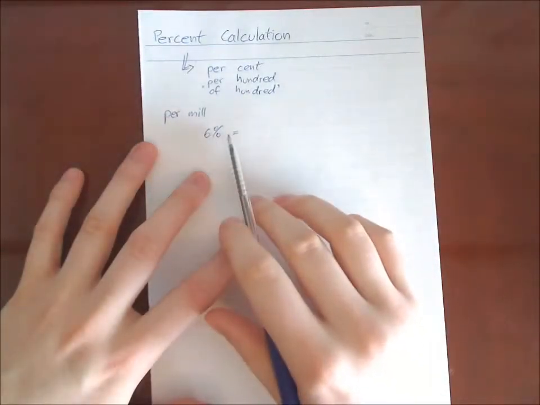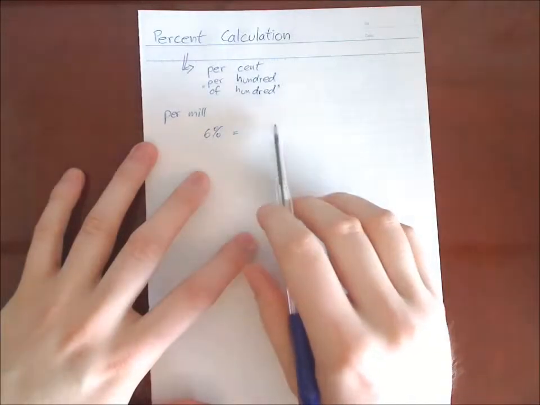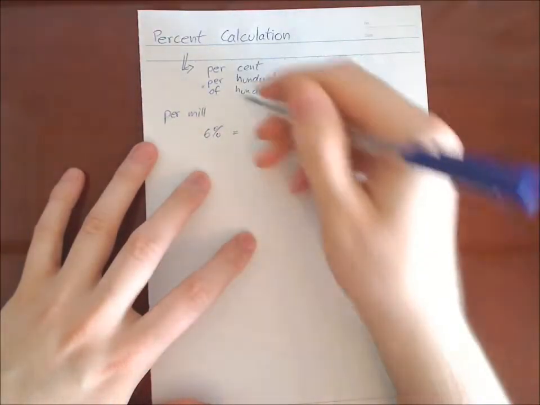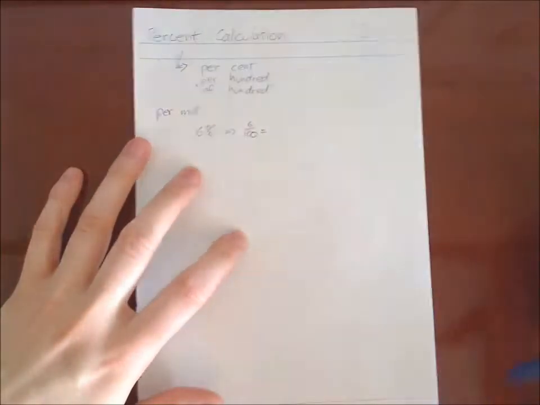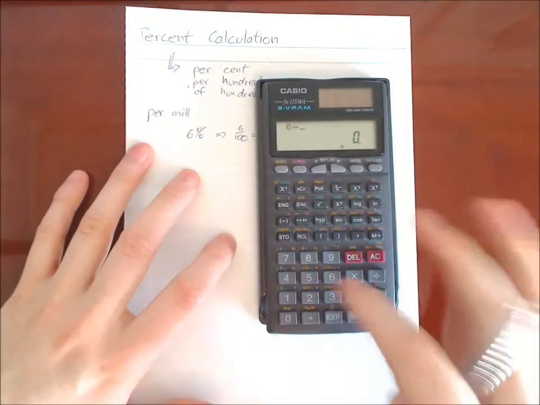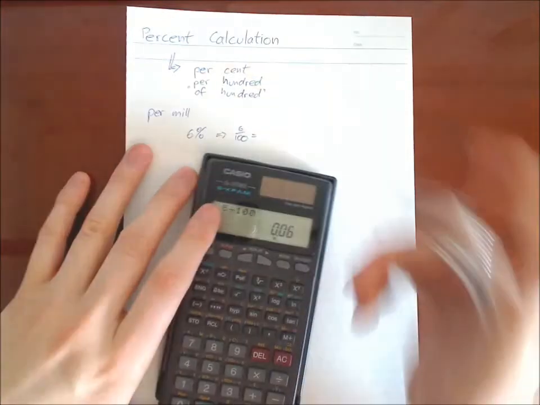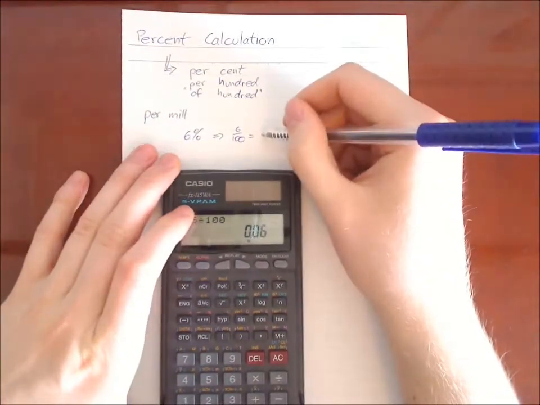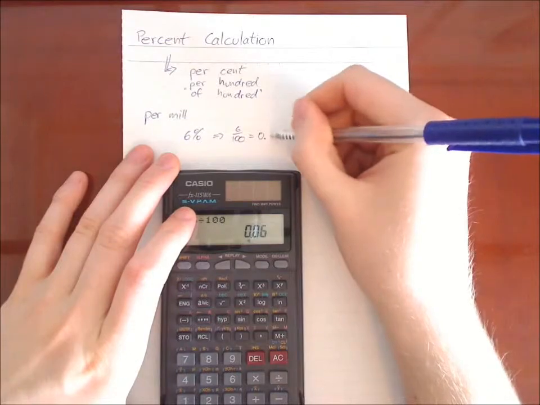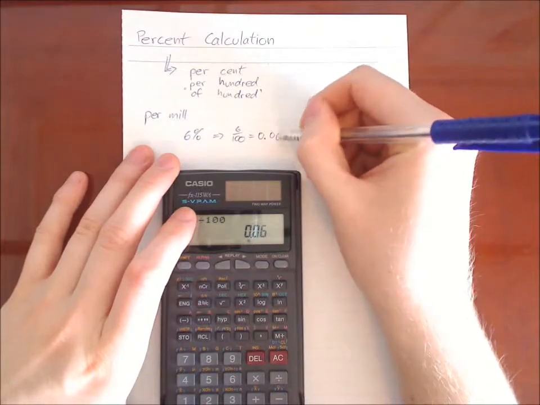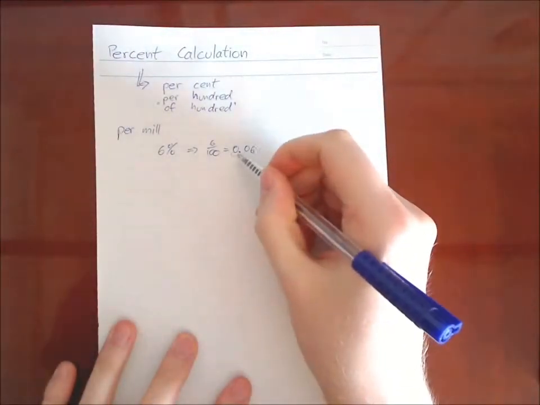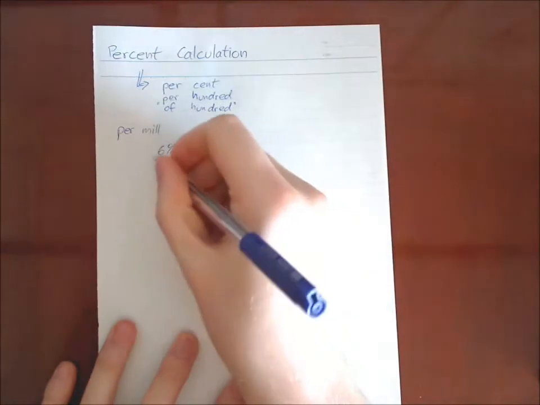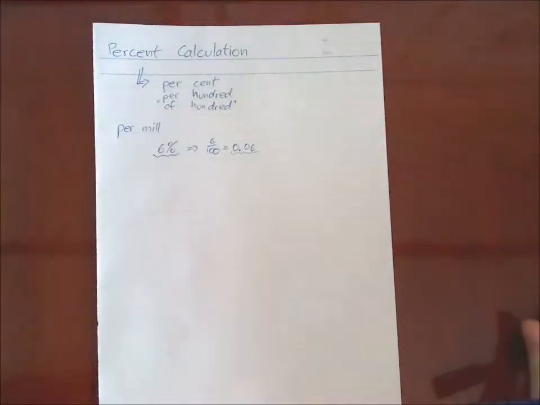Then we say 6% of the people have blue hair. This is what it means. So it means 6 of 100, and we can also divide it, 6 divided by 100. We don't really need the calculator for that, it's 0.06, and this means of 100.